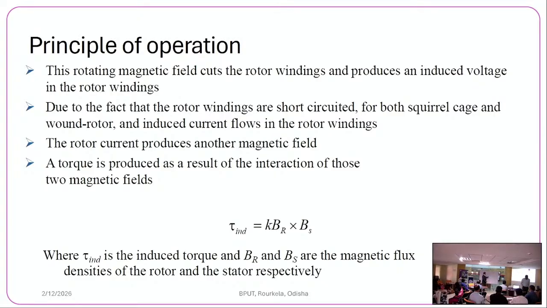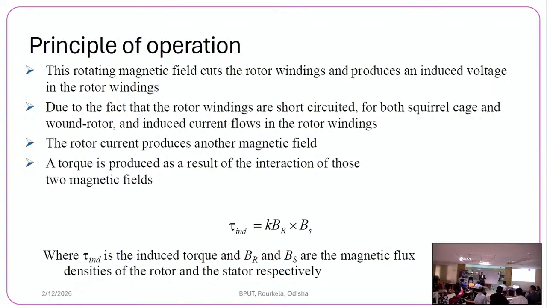So after the rotating magnetic field is produced, this rotating magnetic field rotates in the air gap. The rotor conductors, whatever winding is there, distributed winding or concentric winding, whether slip ring or squirrel cage rotor, are stationary till now. The magnetic field is rotating, so because of the relative speed, EMF will be induced.